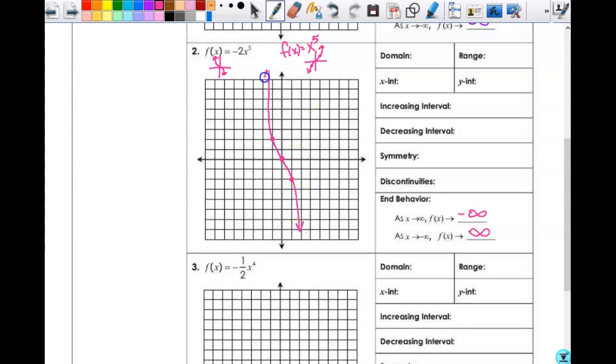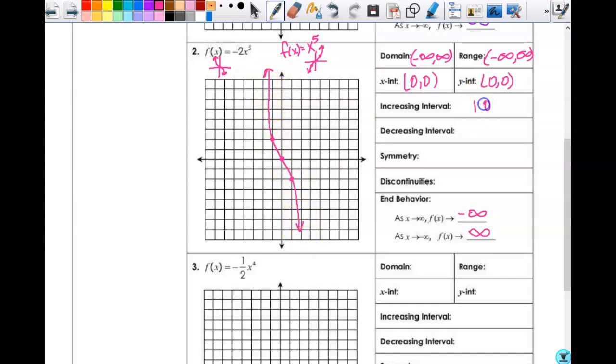And this is what it looks like. My domain, negative infinity to infinity. Range, negative infinity to infinity. X and y intercepts, (0, 0) and (0, 0). Increasing, well, it doesn't increase at all. The y values are decreasing the entire time. Even through that point of inflection there, it's still decreasing.